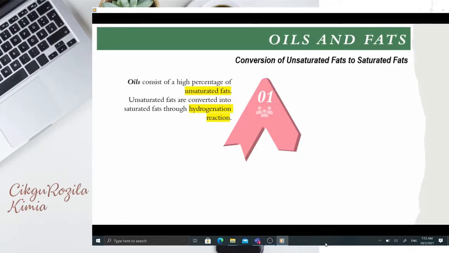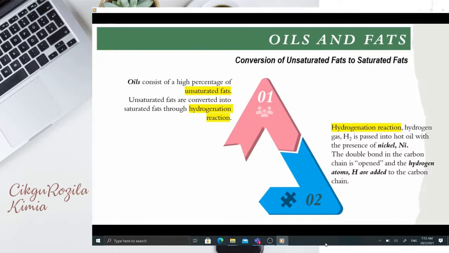Tapi kat sini kita tak guna hydrocarbon, but we use unsaturated fats. Okay, the second stage dikatakan bahawa hydrogenation reaction tadi, okay, is where hydrogen gas is passed into hot oils.